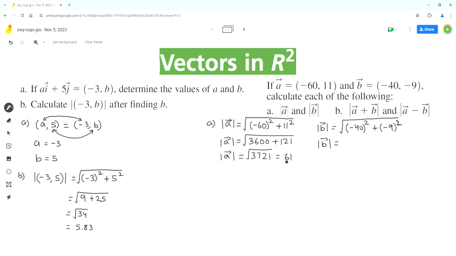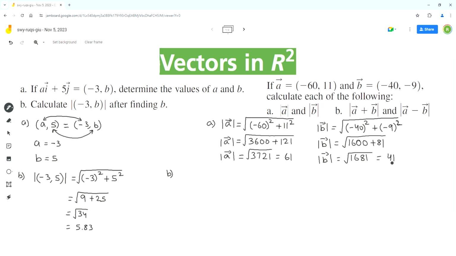So negative 40 squared is equal to 1600 and negative 9 squared is 81. And the square root of 1681 is equal to 41. So that's the magnitude of vector b. So we are done with part A. Now we can analyze part B.